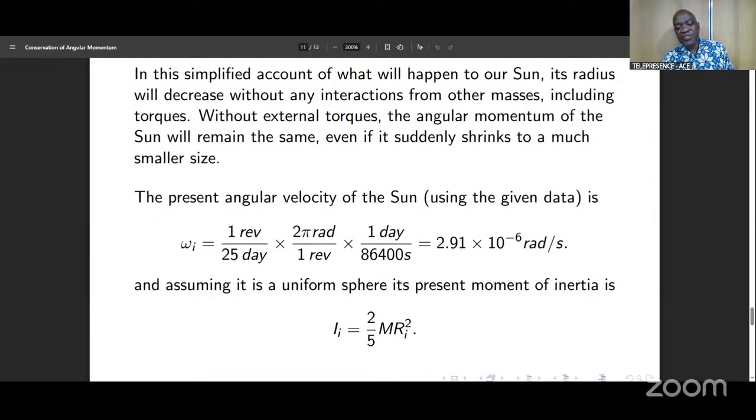So one revolution in 25 days, times 2 pi radians per revolution. Then 1 day is 86,400 seconds. So when you do the multiplication, that gives you omega, the angular velocity.